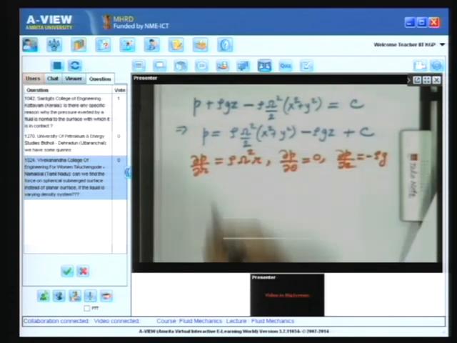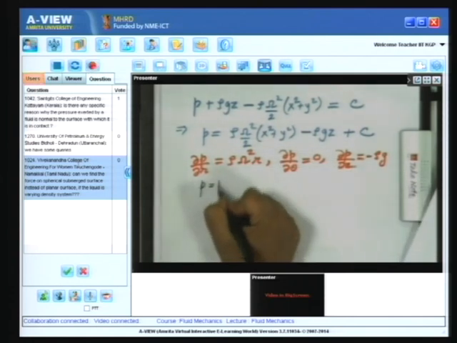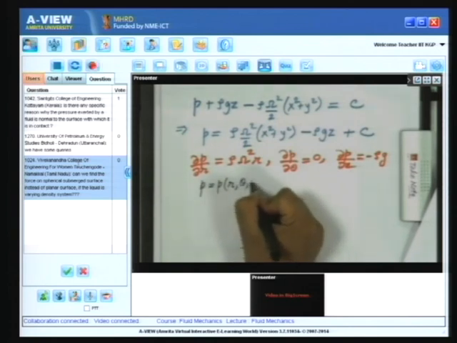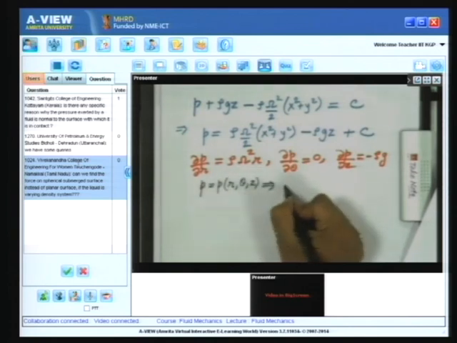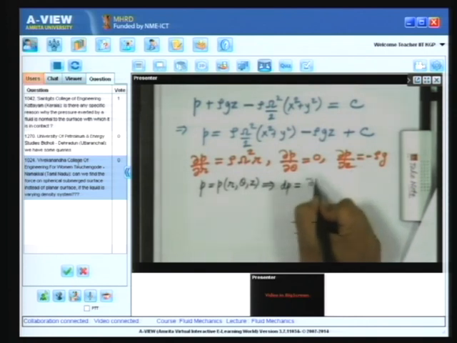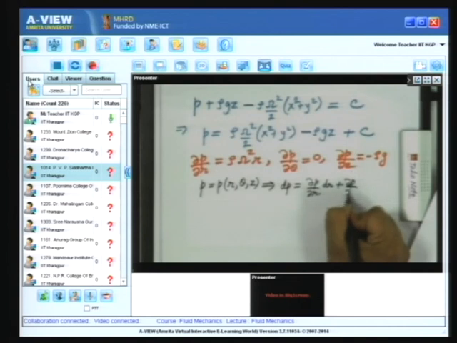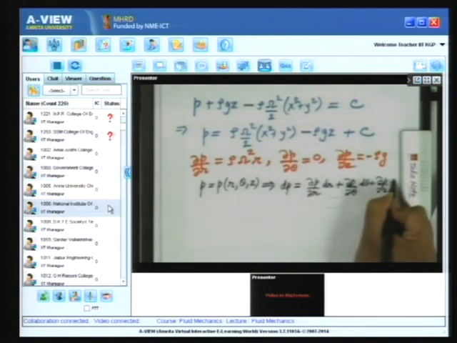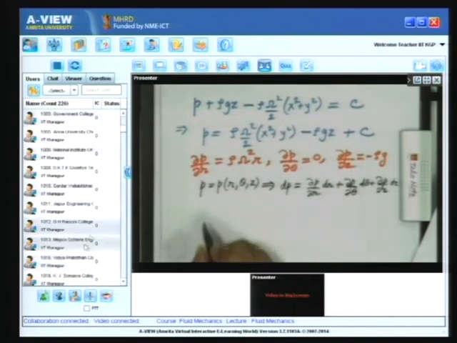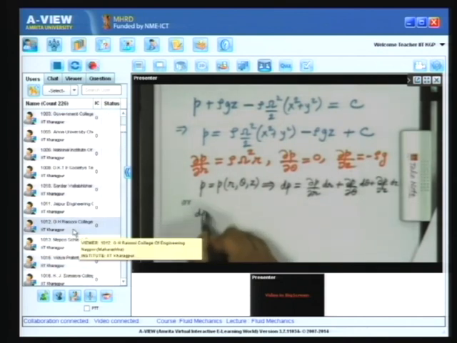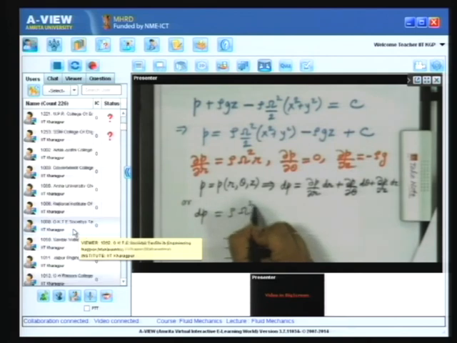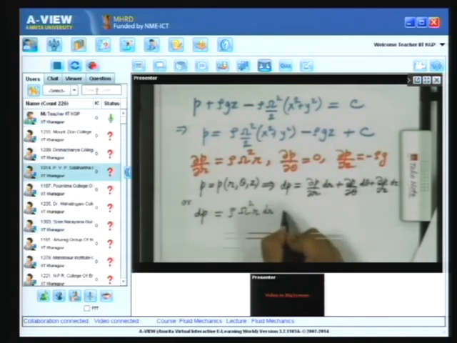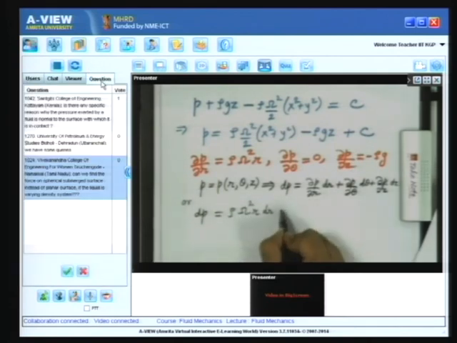So, here we are going to view p as a function of r, theta, z, which means that dp will be ∂p/∂r dr plus ∂p/∂theta d theta plus ∂p/∂z dz. Or in other words, dp is rho omega squared r dr plus 0 d theta minus rho g dz.